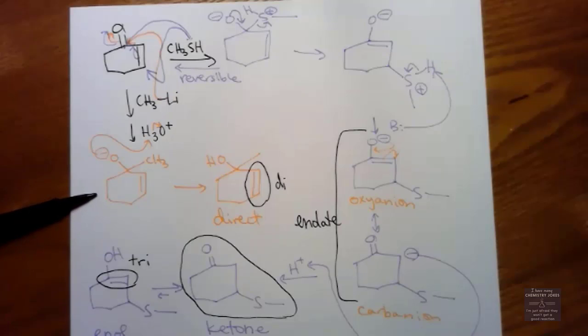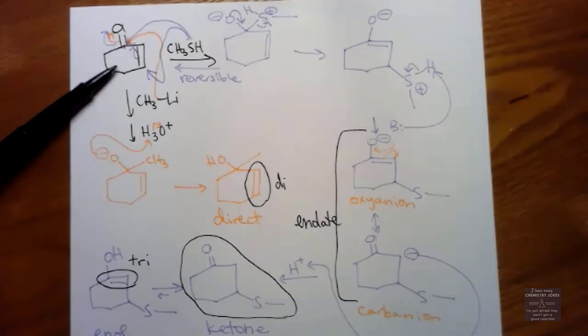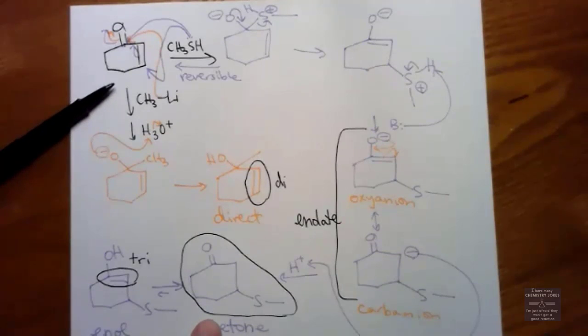This orange did act independently of the alkene, but the purple, the reversible one, did not act independent of the alkene. The final product looks like it acted independently of the carbonyl, but it didn't. Because of tautomerization in the end, it looks like the alkene was all that's involved, but it's not true.